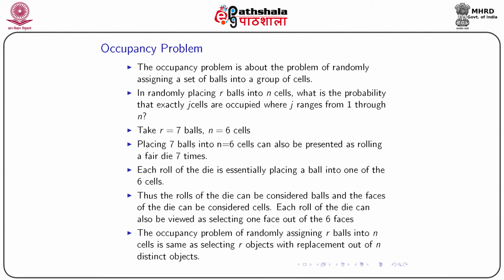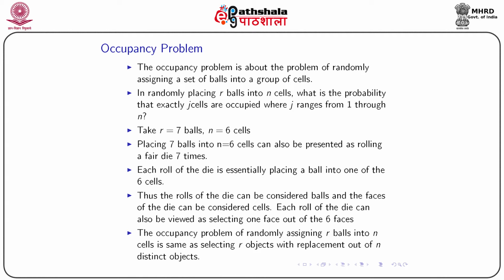To make our life simpler, we start with an example: suppose we have 7 balls and 6 cells. We have to place these 7 balls into 6 cells. We can view placing 7 balls into n equals 6 cells as rolling a fair die 7 times, because a die has 6 faces.